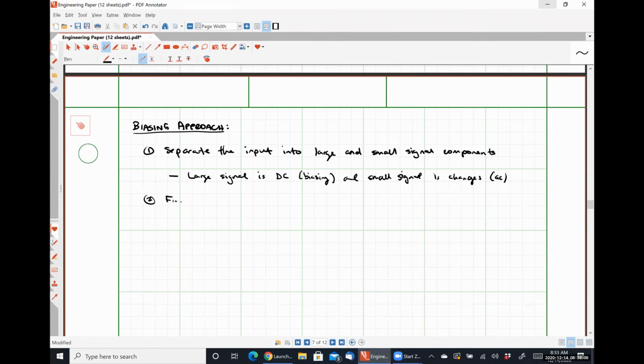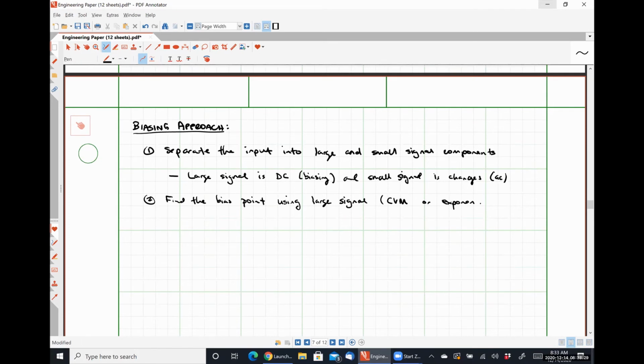Step two, find the bias point using large signal, CVM, constant voltage drop model, or exponential as is necessary.